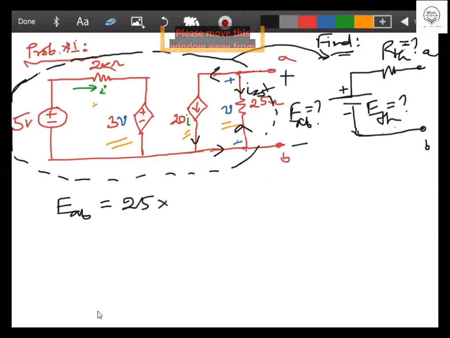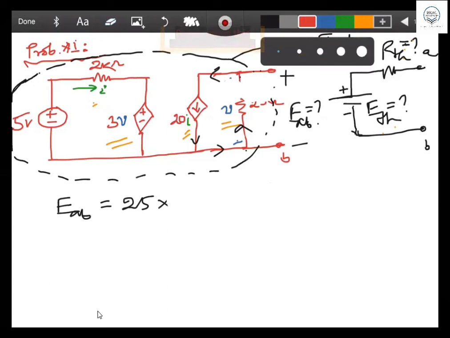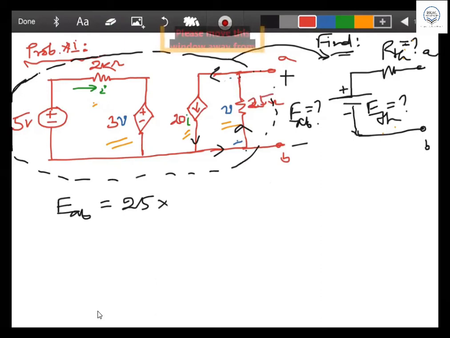This current also, I'm just taking it off. So you just imagine that there is a 25 ohm resistor. Now if I ask you, EAB will be what? EAB will be, by Ohm's law, the 25 ohm resistor times the current. What is the current flowing through the circuit? This black path, the current will be coming.